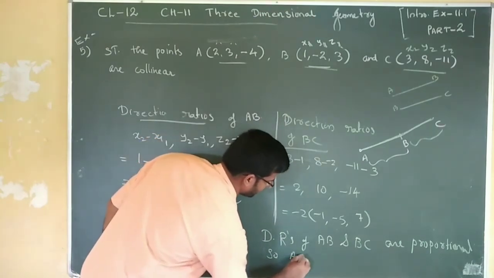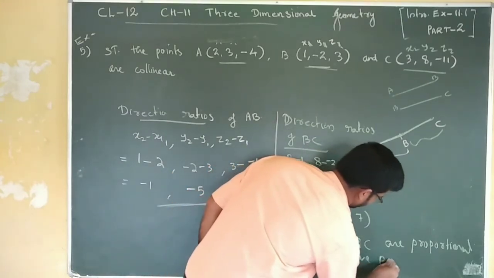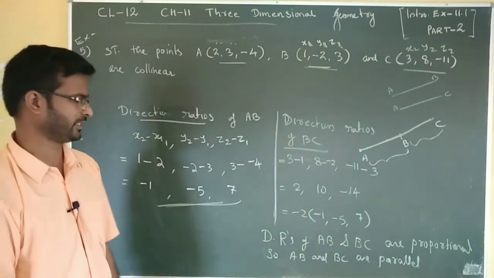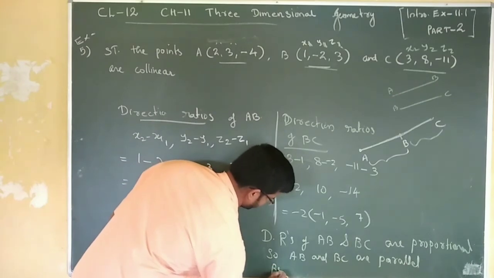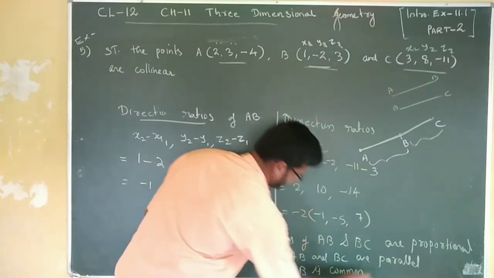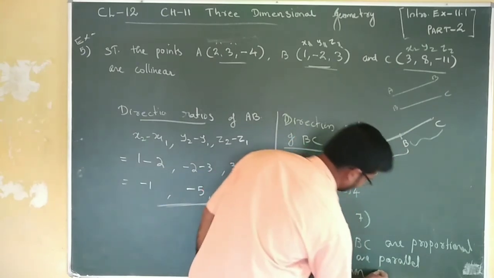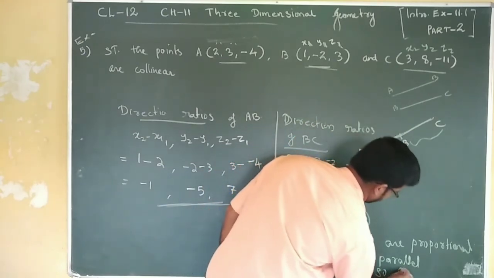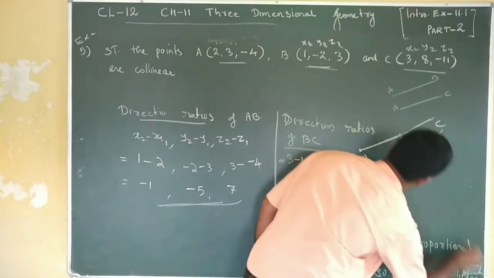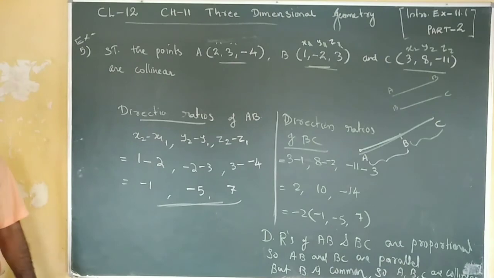Direction ratios proportional means parallel, but point B is common. So we can write A, B, C are collinear. You get that the 3 points are collinear. Just pause the video or write it down in your notebook.